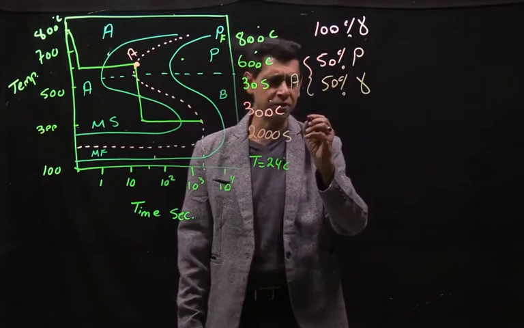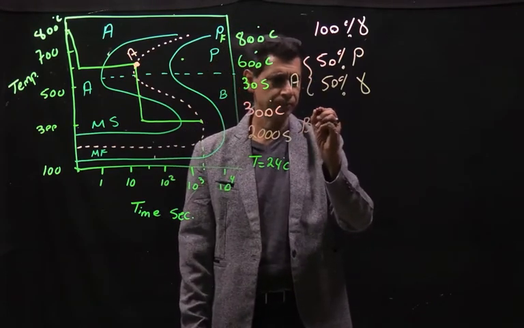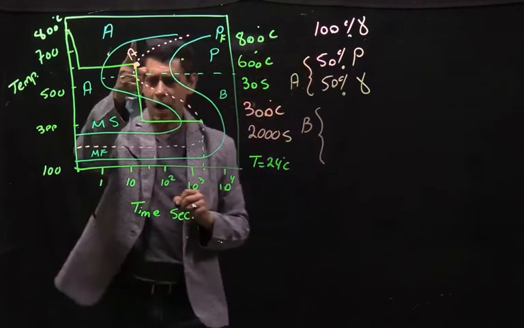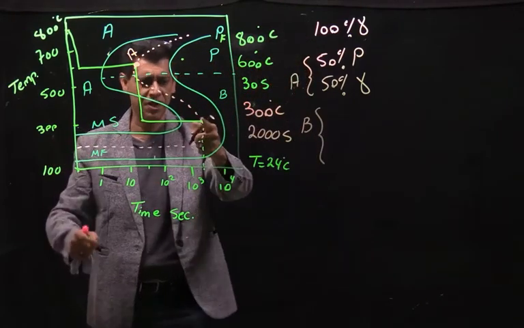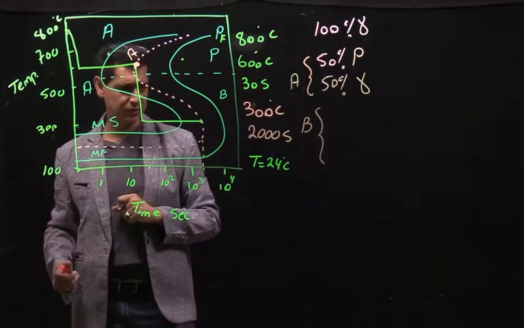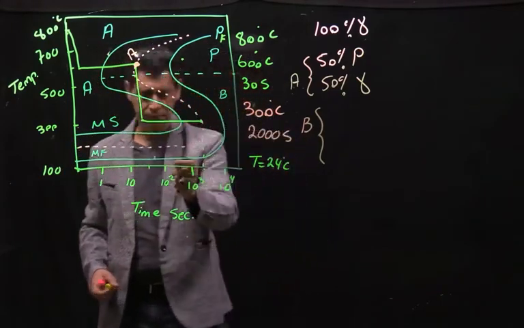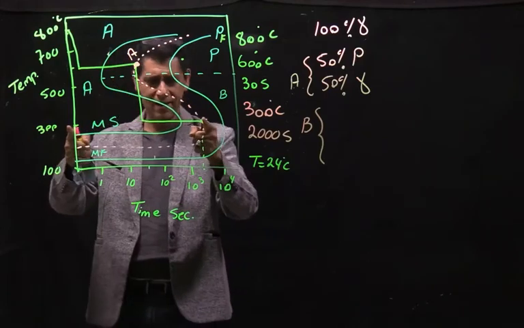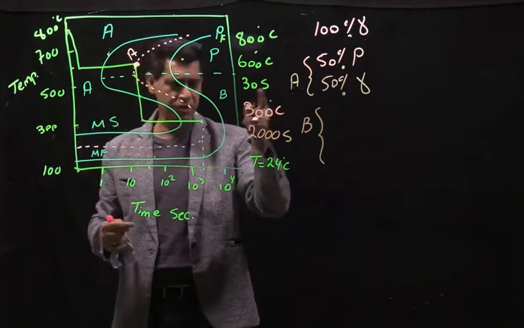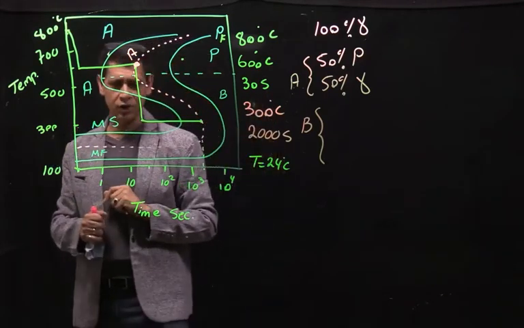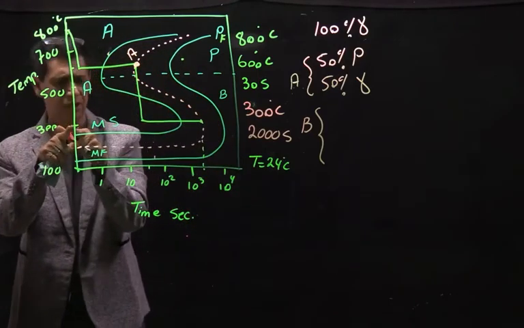Then I go to point B. I bring it to 300, give 2000 seconds. So I have 50% unstable austenite, as if I start with fresh austenite from here.